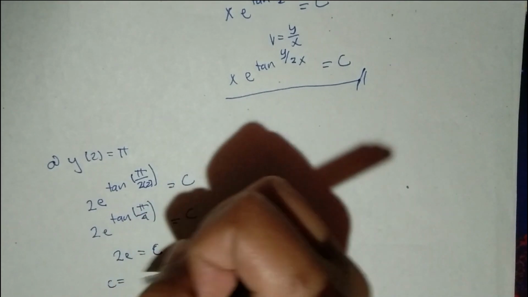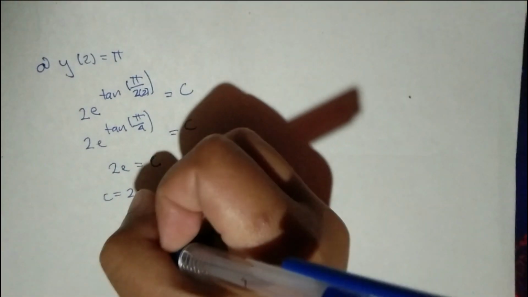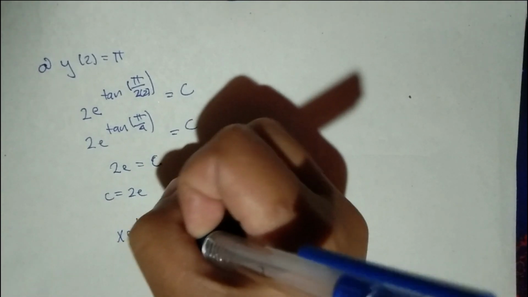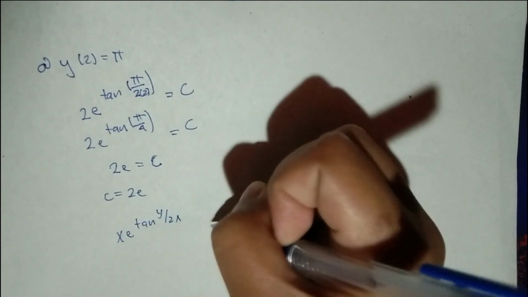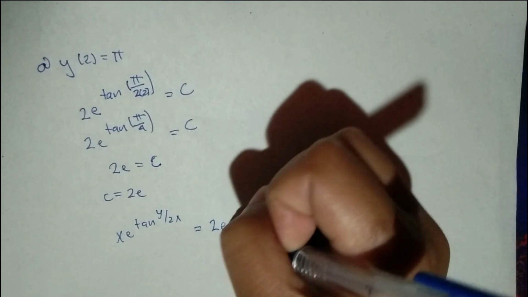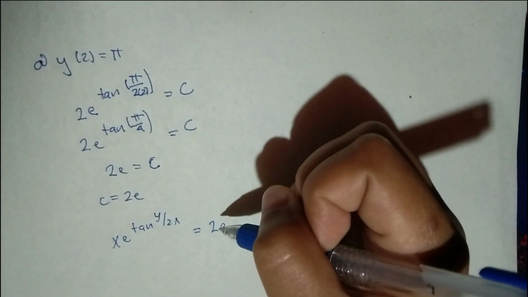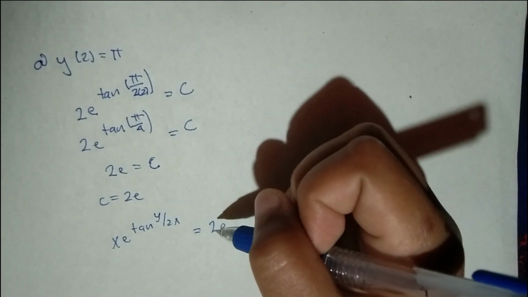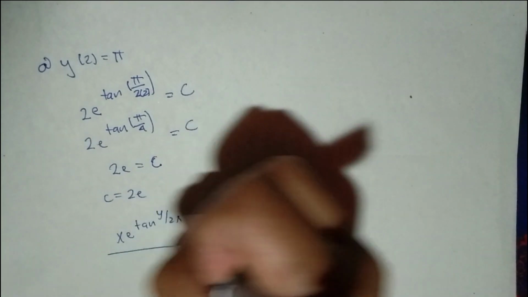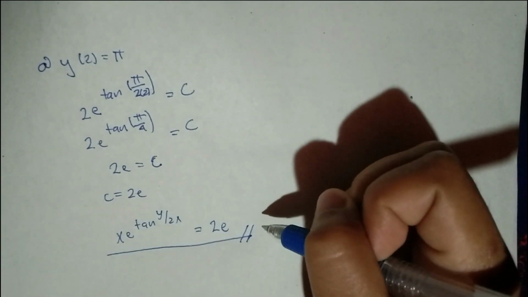So our c is equal to 2e, and we will have our final answer as x e raised to tan of y over 2x is equal to 2e. So this is now our final answer.